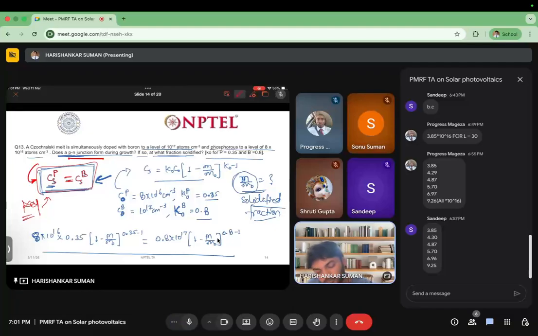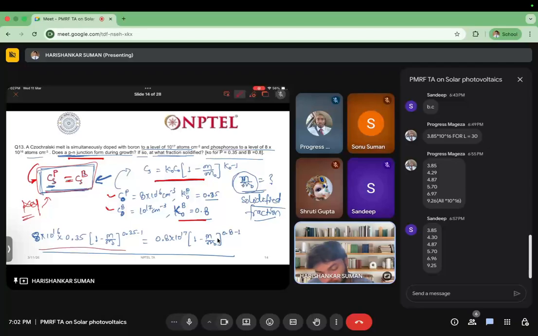So you have to apply now the CS equation as we have already applied. This is solidification: K naught C naught into 1 minus m by m naught, or you can write L by L naught or m by m naught, to the power K naught minus 1. Phosphorus you have been given, boron you have been given also, along with the K naught.